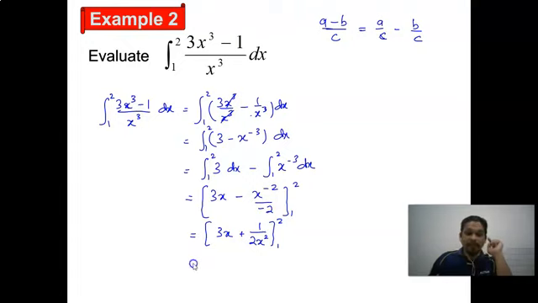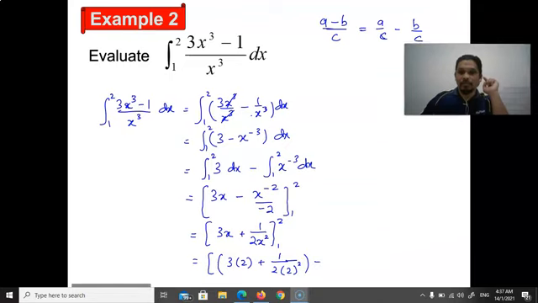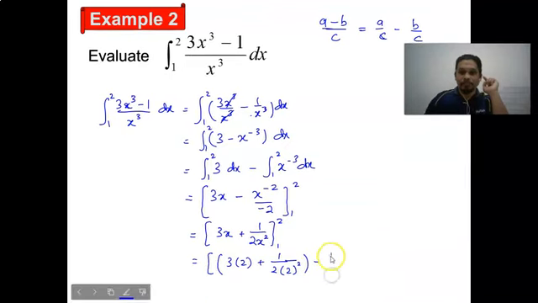Okay, so then substitute for the first, 3 times 2 plus 1 over 2 times 2 squared, minus.